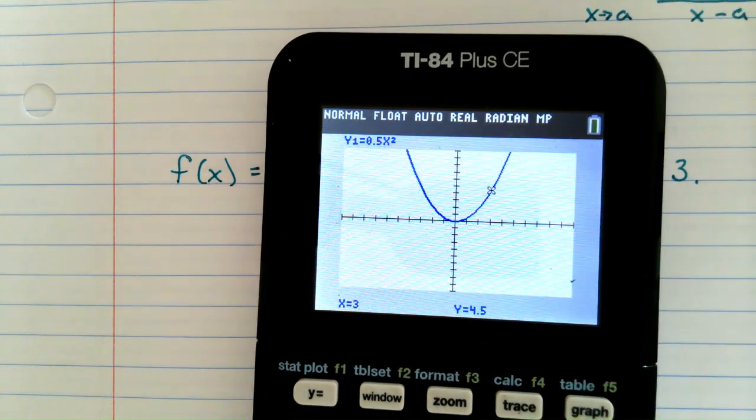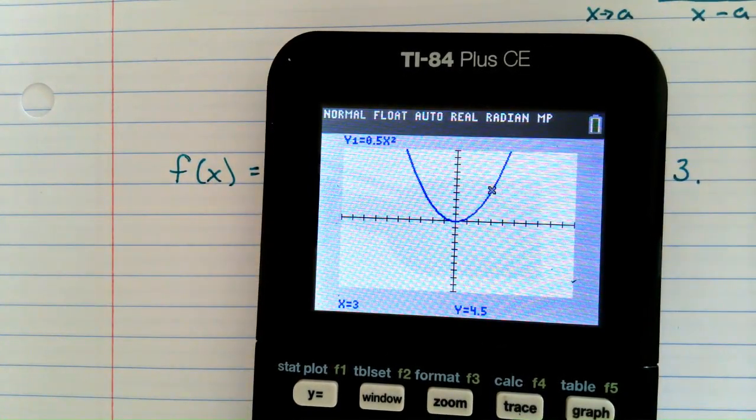Okay, at 3 we're right there. So it's not super flat, but it's not super steep. It's getting ready to take off, right? But it's definitely an uphill slope.